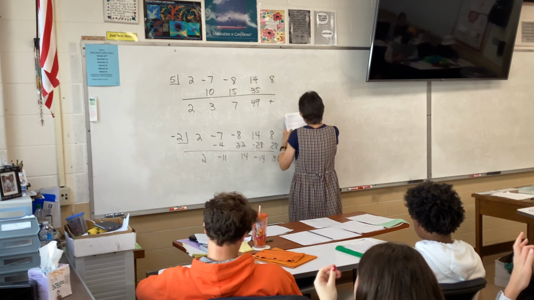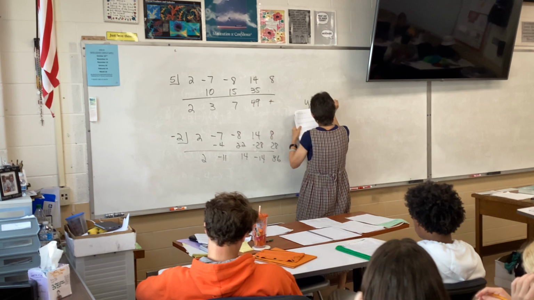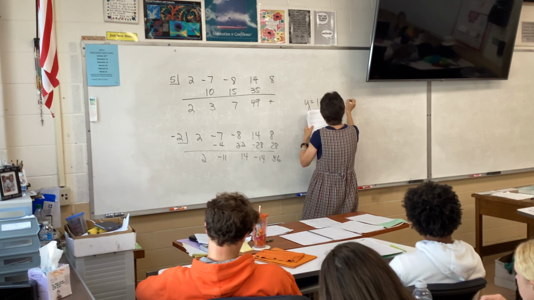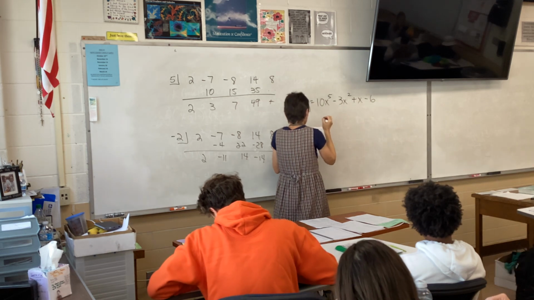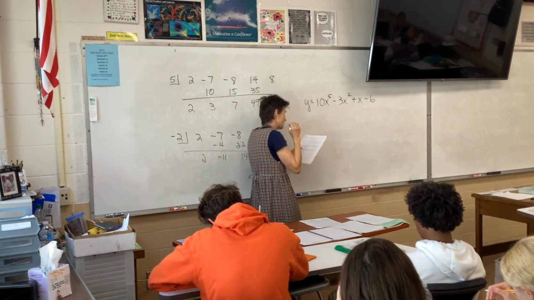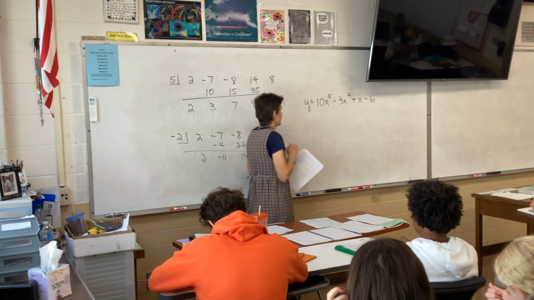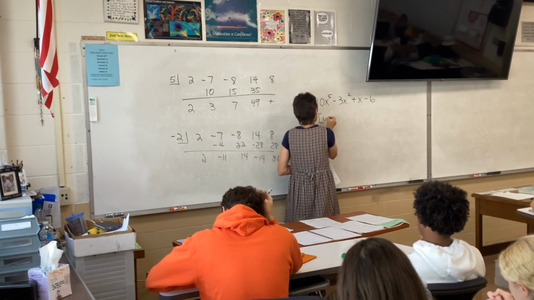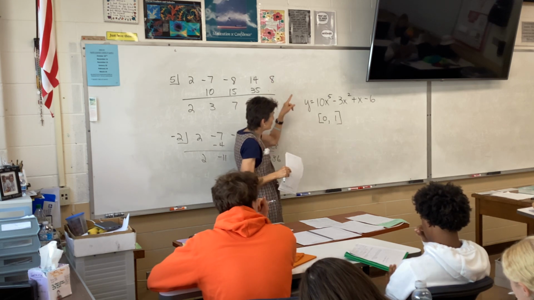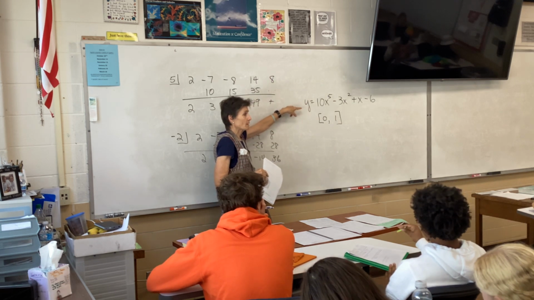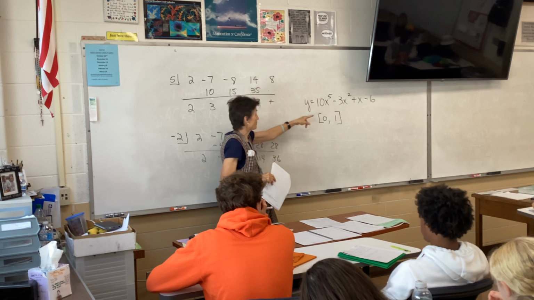All right, now we've got this polynomial. This is kind of like the one in the homework. Maybe not. Show that all of the real zeros lie between 0 and 1. So that means when you graph that, there's 5 zeros.